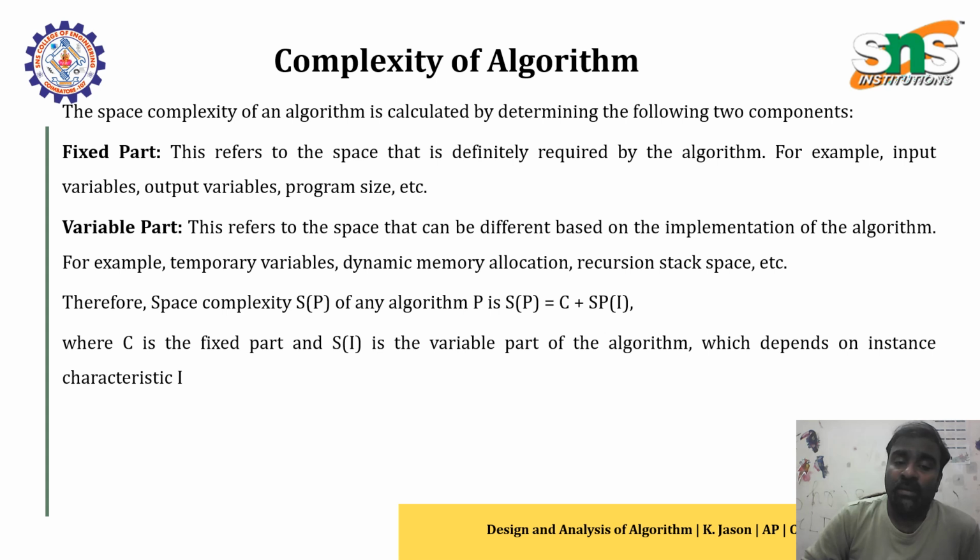The variable part is the space that can differ based on the implementation of the algorithm, for example temporary variables, dynamic memory location, recursion stack space, etc. The formula for the space complexity S(P) of any algorithm is S(P) = C + S(I), where C is the fixed part and S(I) is the variable part of the algorithm, which depends on the characteristic I.